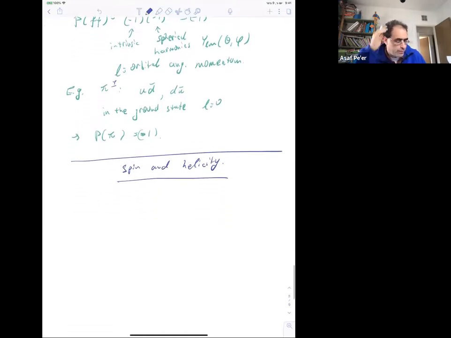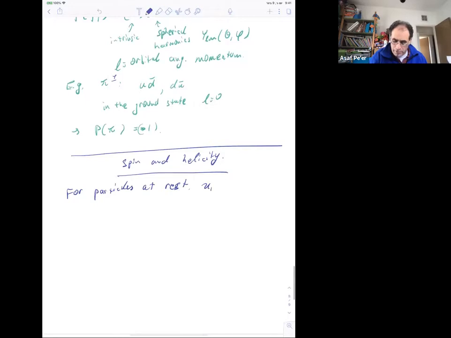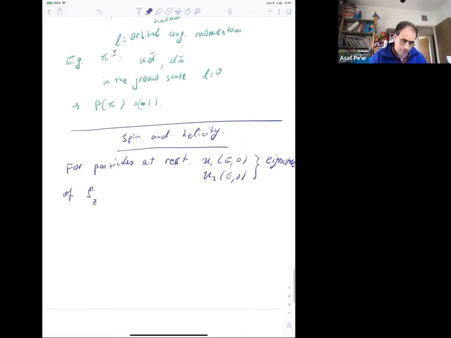We've seen that for particles at rest, the spinors U1 and U2 are eigenstates of the spin operator S_z, which is 1/2 of the matrix sigma_z, 0, 0, sigma_z.